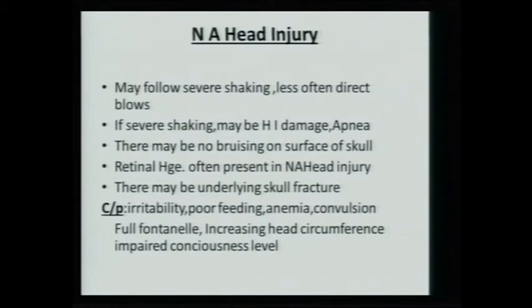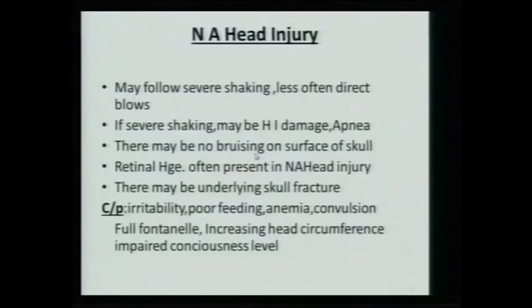Other than bruises, another form of child physical abuse is non-accidental head injury. It may follow severe shaking, less often direct blows to the head. If severe shaking, maybe hypoxic ischemic damage and apnea.